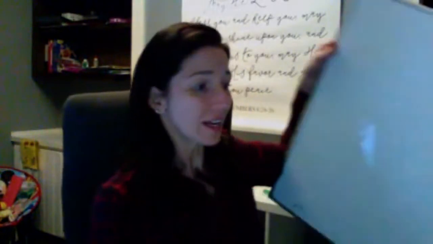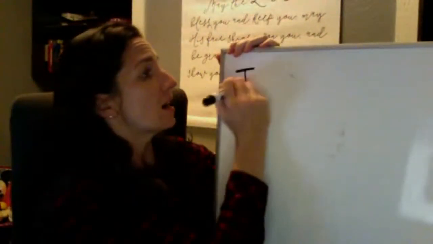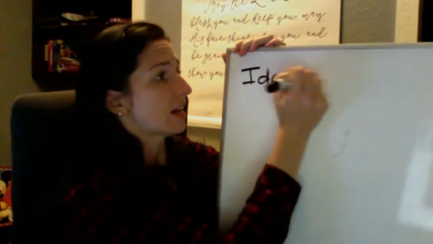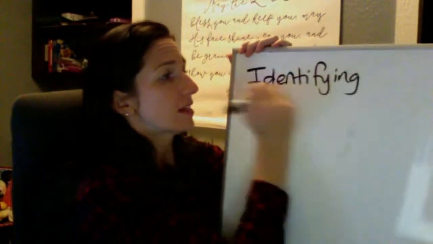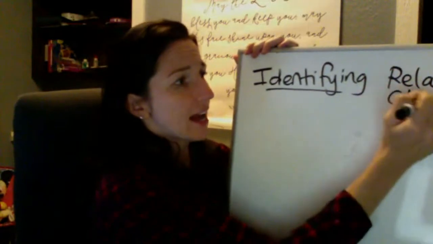Identifying relative clauses. We're going to be talking about a lot of things in this short video. You can follow along in Unit 5 or go back to Unit 5 to review. An identifying relative clause is another way to say kind of like an adjective.